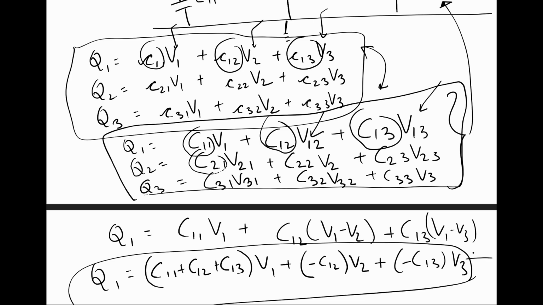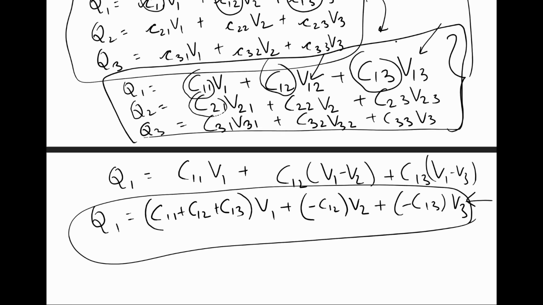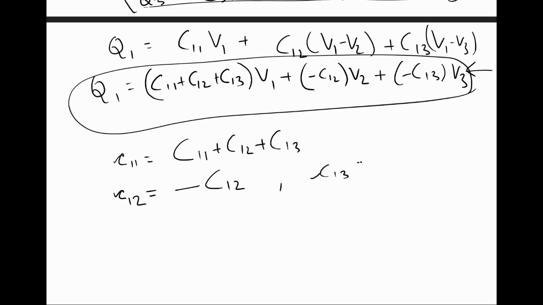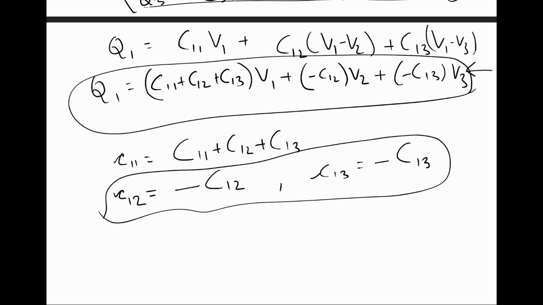From comparison of these two, I can see that the small c11 coefficient, the self coefficient, is equal to C11 plus C12 plus C13, and the mutual coefficient, or the coefficient of induction, as we usually call it, is equal to minus C12, and similarly c13 is equal to minus C13. Going a little further ahead, we will show that c12 is also equal to c21 because of reciprocity. Similarly, c13 is equal to c31 and c23 is equal to c32.